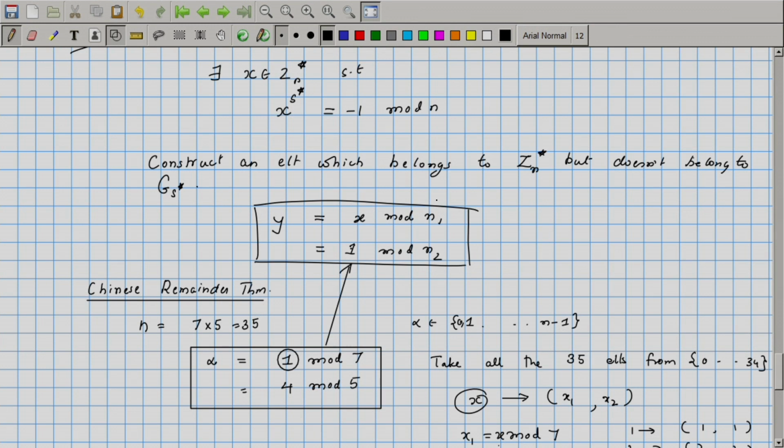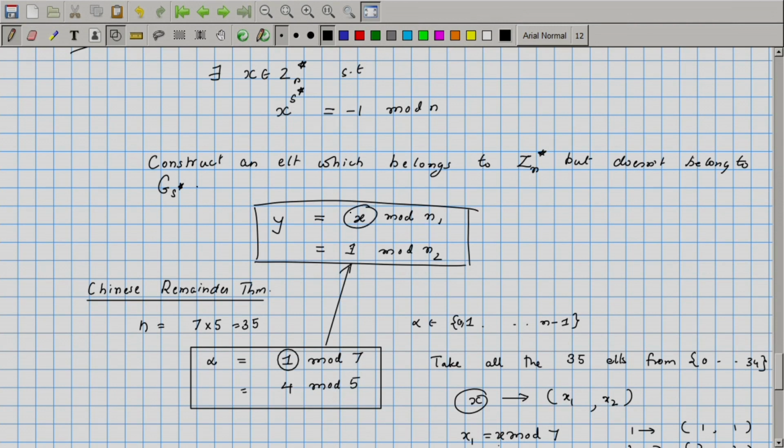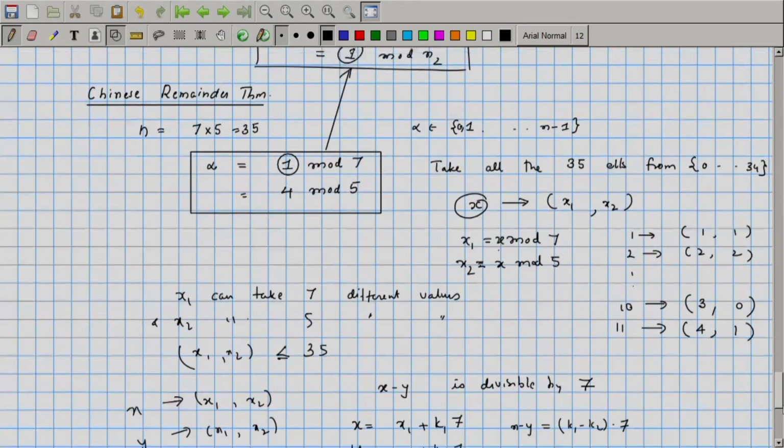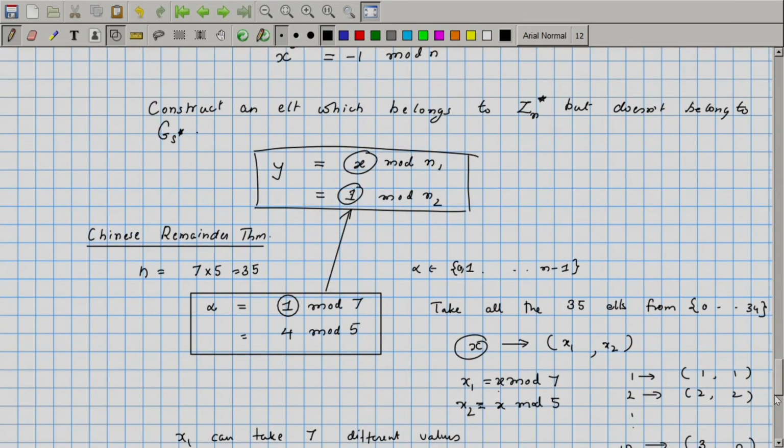So, we can show that there is one number between 1 and n minus 1 which leaves remainder x when divided by n1 and remainder 1 when divided by n2. So, what have we achieved? We have constructed one particular element, but how do we say that this element does not belong to GS?